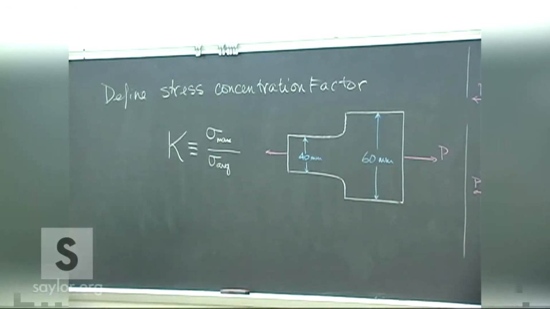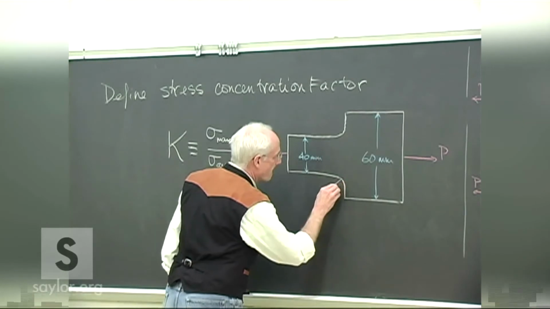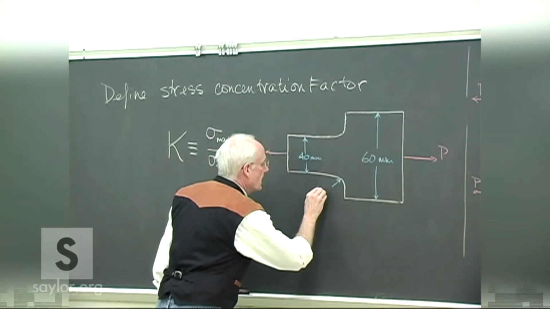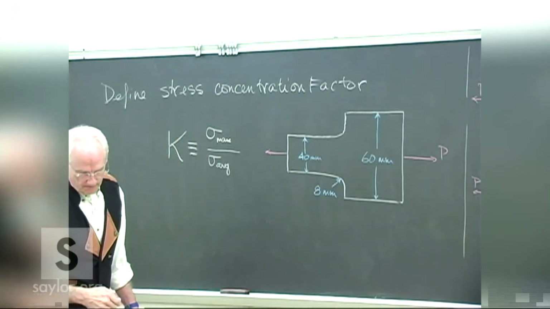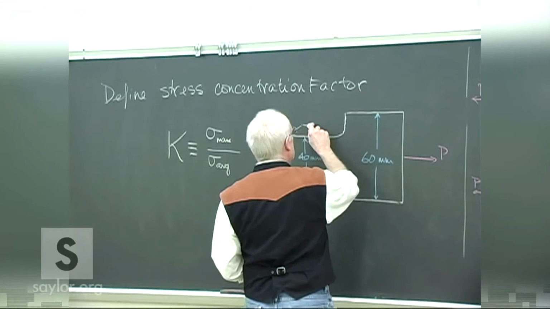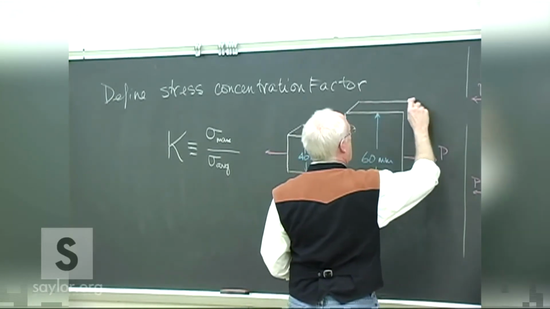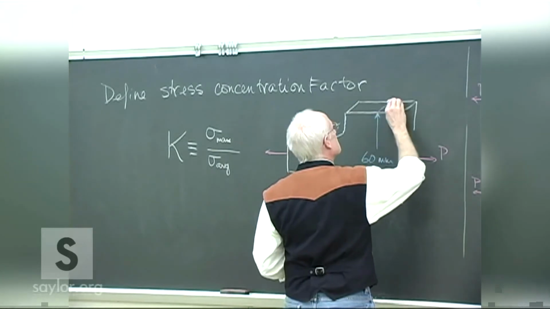Ours also happen to be all symmetric solids, symmetric on either side of the axial direction. A radius of the fillet of 8 millimeters, and a thickness of the piece of 10 millimeters.